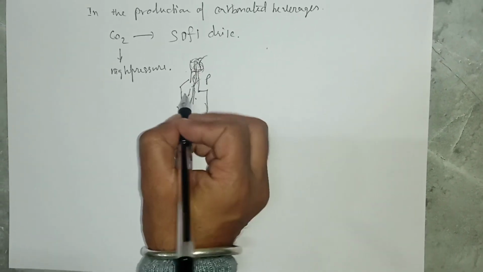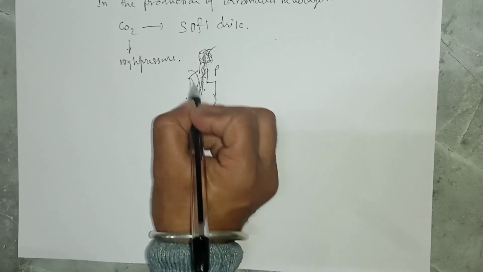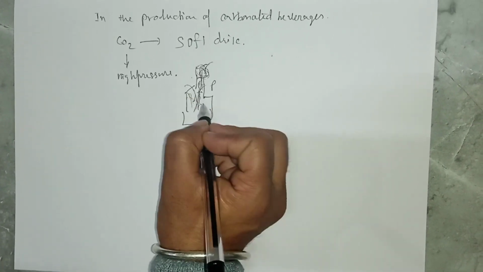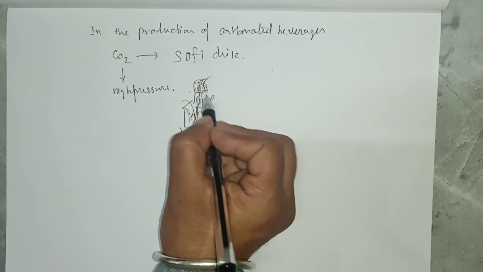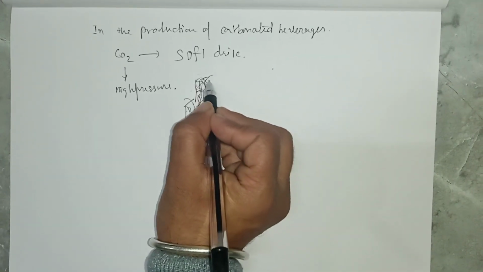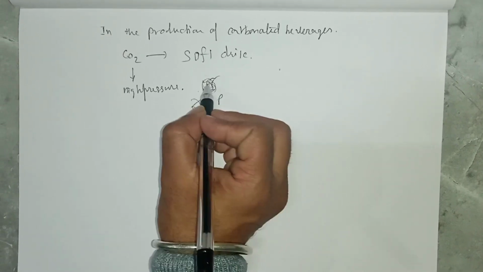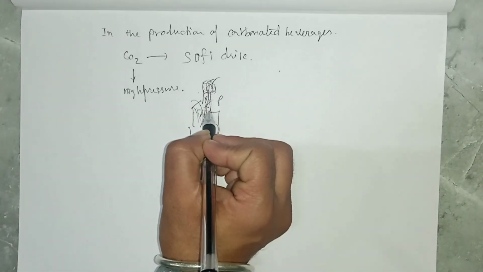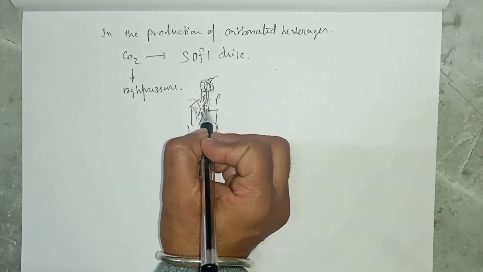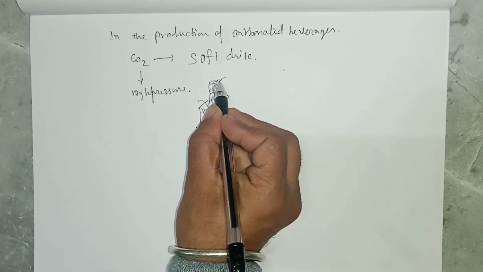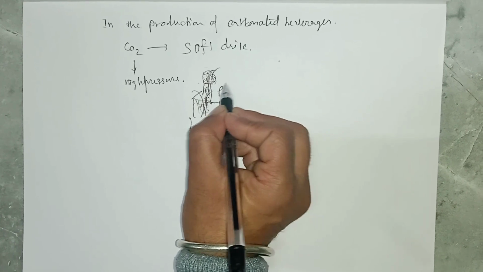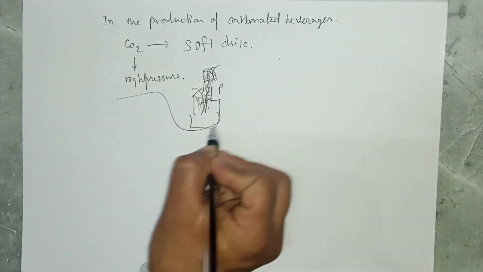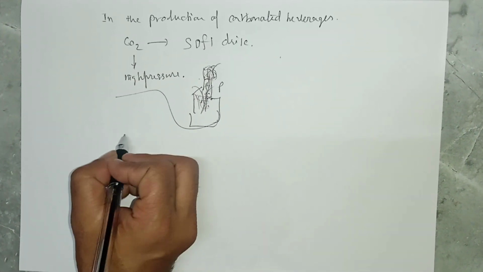Excess CO2 bubbles out because we had pressed this CO2 in under high pressure, and the upper layer has less density. So CO2 oozes out and gives us effervescence. This is one more application of Henry's law.